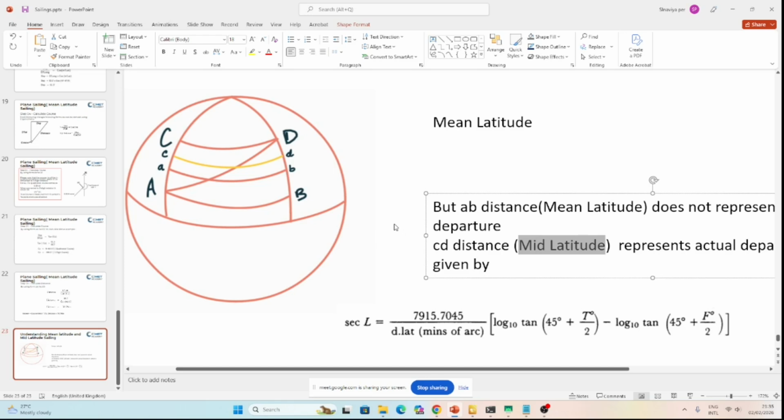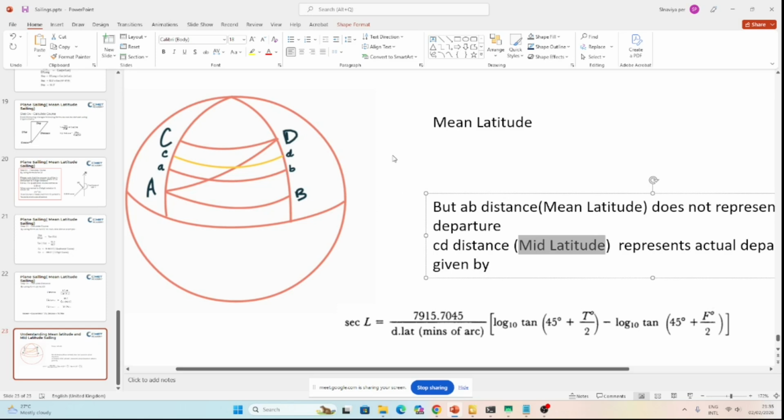For example, the parallel sailing questions that I sent you earlier, some of the questions are very hard, right? You may find difficulties unless you understand the principle. I'm sure some of you will do the sums, but some guys will struggle.